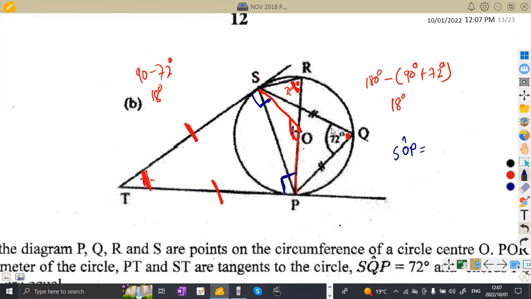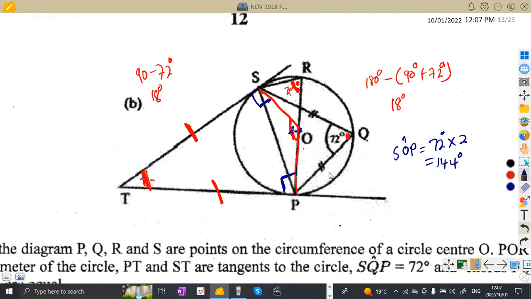Because this is the angle at the center, which is subtended by the chord SP. SP subtends an angle at O. It also subtends an angle at the circumference of 72. So to find this one, it is going to be 72 degrees times 2, which is 144 degrees.